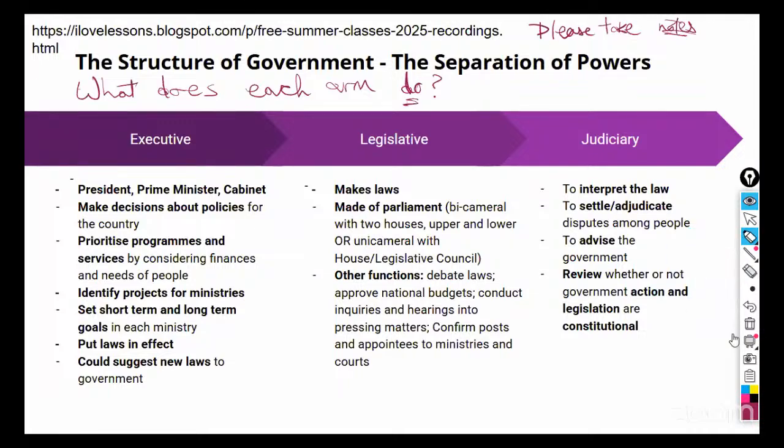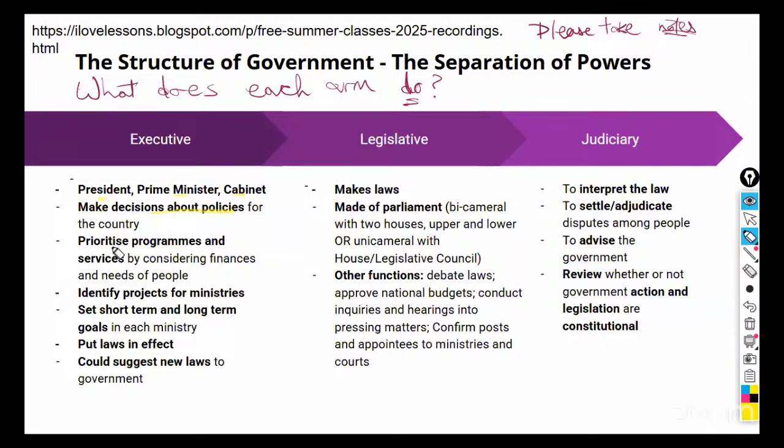All right, so first one, the executive is the president, the prime minister, the cabinet, right? And remember, we said cabinet, that's the ministers with portfolios. They make decisions about policies. If you feel like you wrote this down just now, you can just add the ones that we don't have as yet.